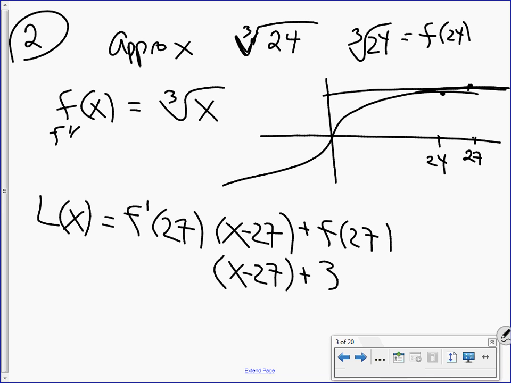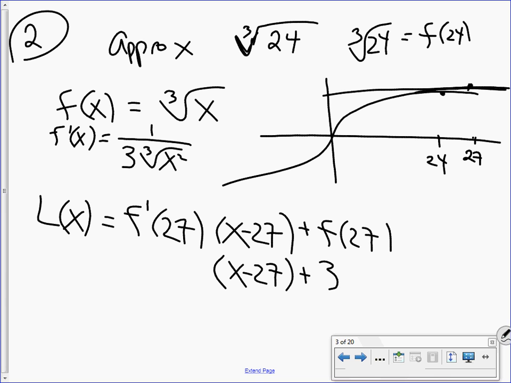f prime of x. That's x to the one-third. So the derivative is 1/3 x to the negative 2/3. So I like what you're saying, though. You're saying 1/3 cube root of x squared.